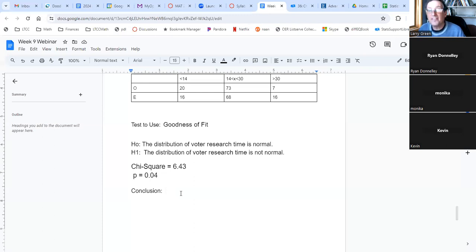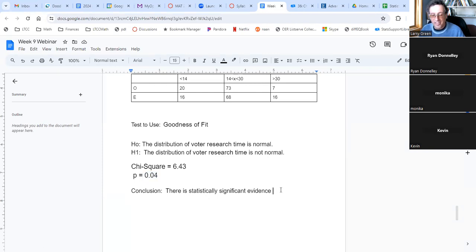Yeah, it is statistically significant because p is less than alpha. 0.04 is less than 0.05. So we can say there is statistically significant evidence. By the way, you should not say there's strong statistically significant evidence because it's 0.04 and that's not quite small enough for strong.